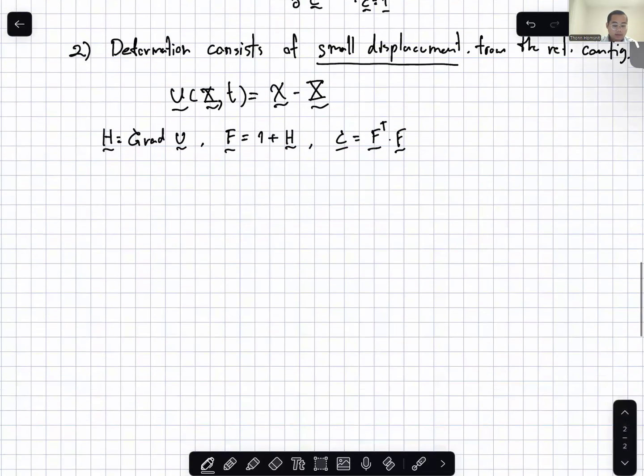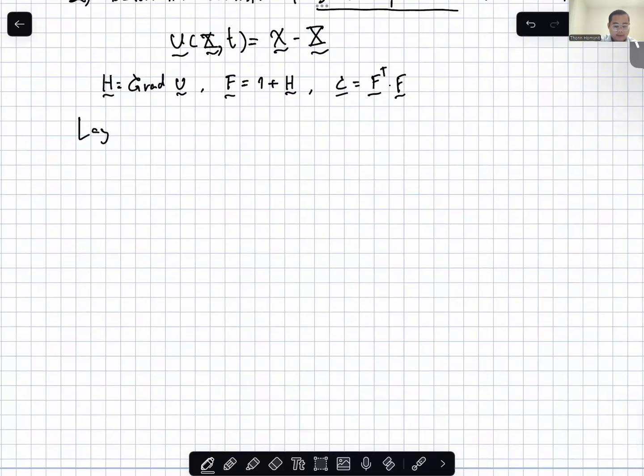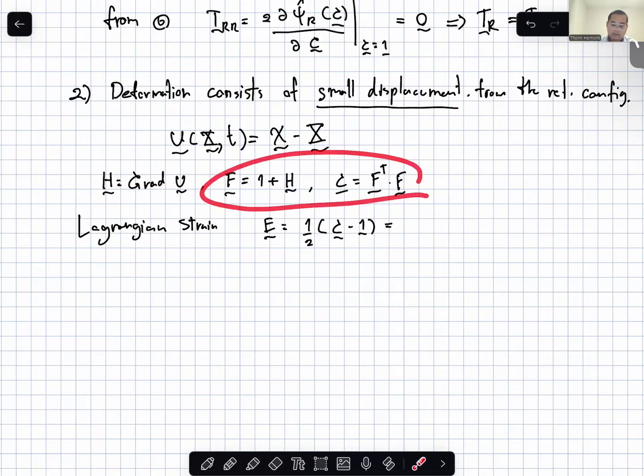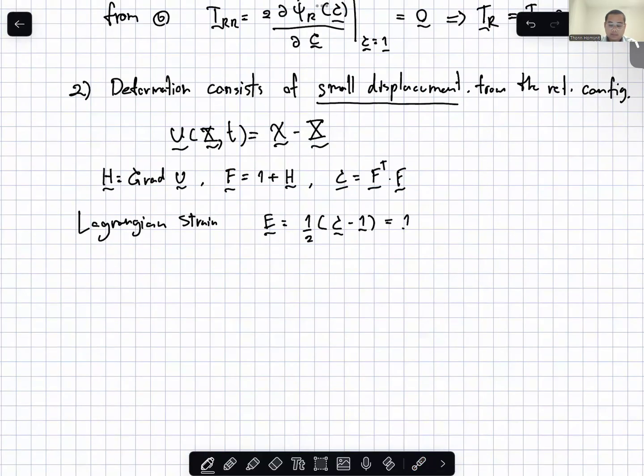And from this one, we also know that the Lagrangian strain, or the strain with respect to the reference configuration, E is equal to 1 over 2 times C minus identity. And we just use this useful information to have this one.